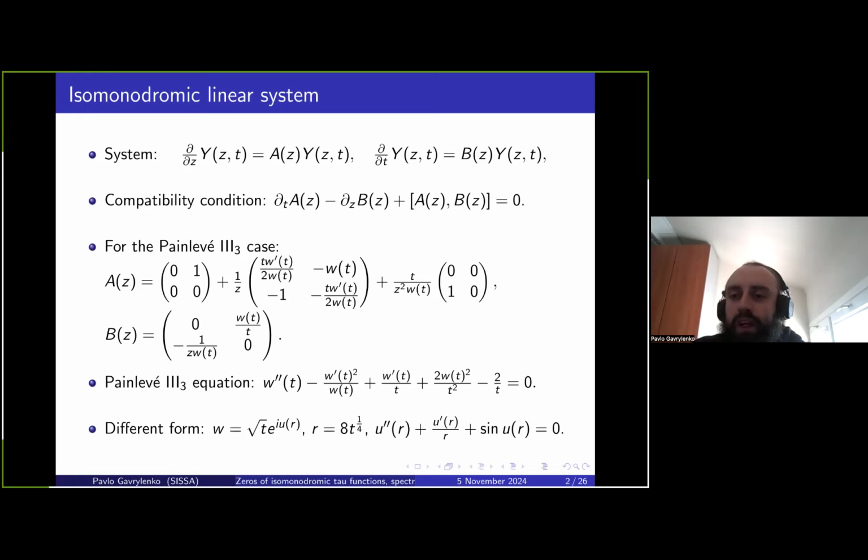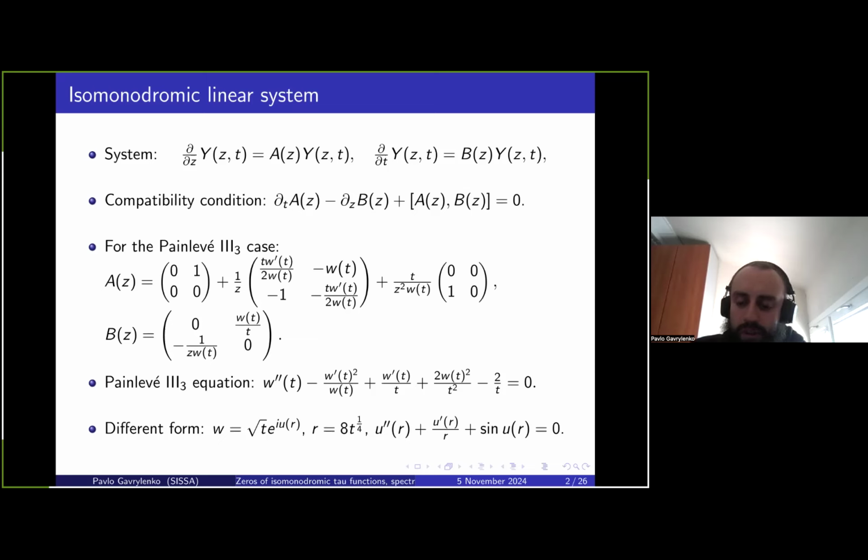But since this evolution in t is given by this equation, and the monodromy acts from the other side, the computation of monodromy commutes with the time evolution. So monodromies of the system are a kind of integrals of motion.